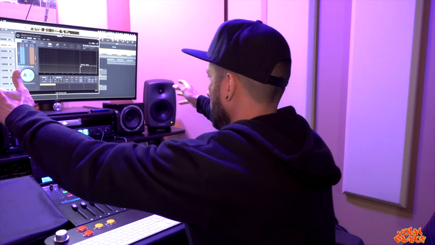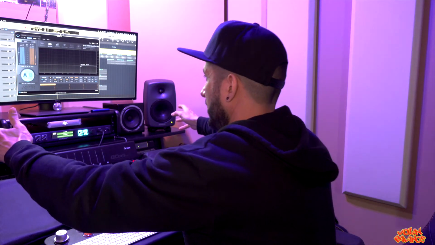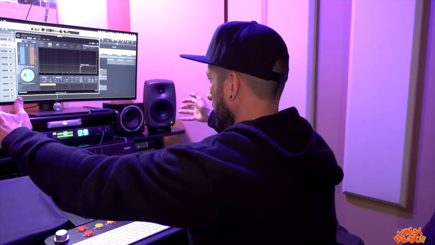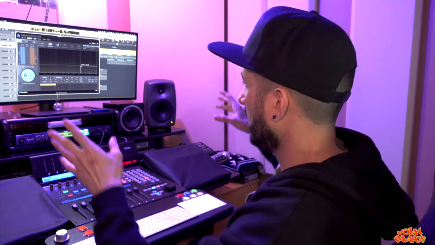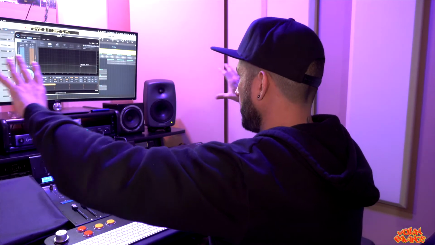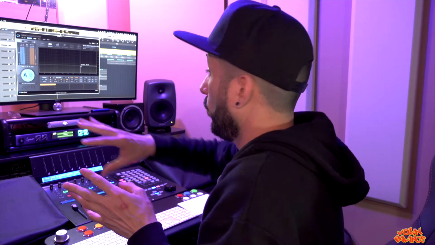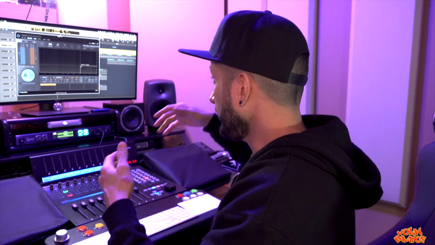You have the left and the right speaker, pretty much the same signal. But now, since there's two speakers, you have stereo information that you perceive with both of your ears, right? So when you load a sample, sometimes, the way they were recorded, they're going to be heavy on the side, meaning they'll have more information on the side and less in the middle.